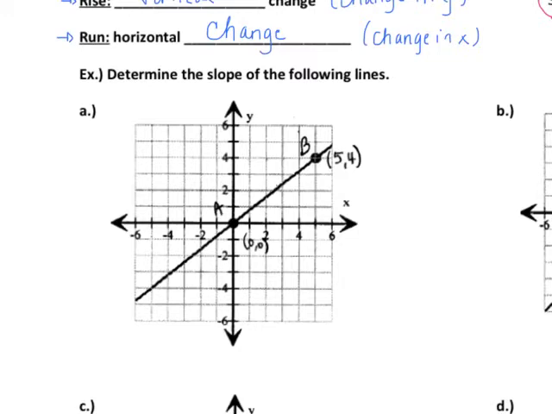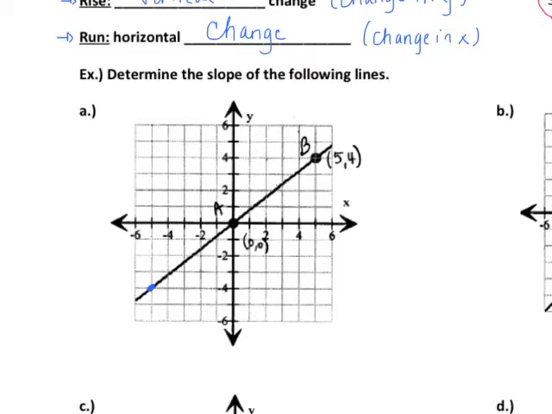For example, there's a perfect intersection right down here, through the origin at 0, 0. You've got another perfect intersection at point B, which is (5, 4).